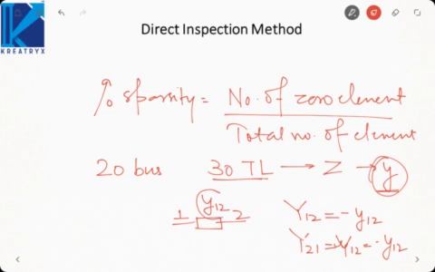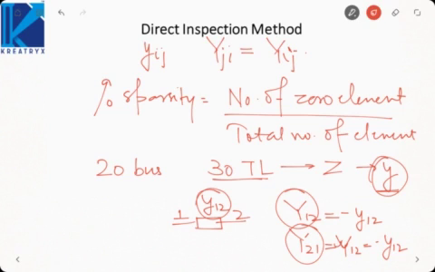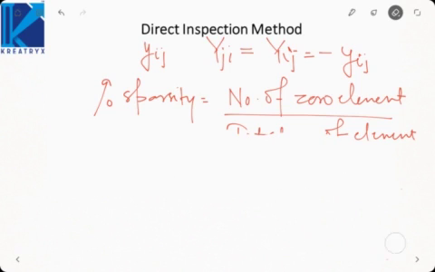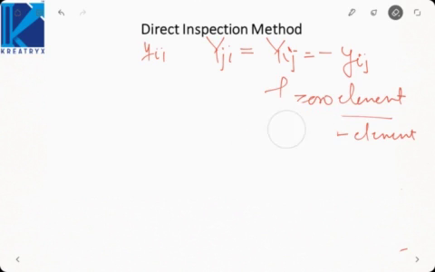Now due to one admittance, two elements of the Y-bus matrix are non-zero, that is Y12 and Y21. So due to one admittance yij, Yij is equal to Yji is equal to minus yij. So one transmission line yields two non-zero elements. That means 30 transmission lines will yield 60 non-zero elements. Is it fine? And all the diagonal elements are always non-zero.